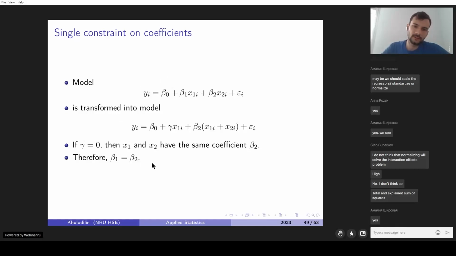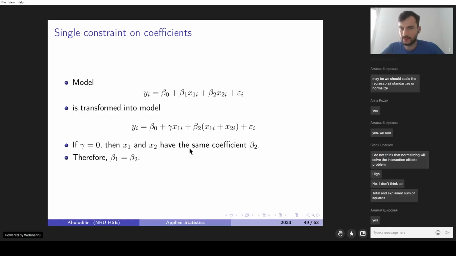It's one more slide about hypothesis testing. When you're testing that coefficients are equal to each other, sometimes it doesn't work nicely with the F statistic. You slightly transform your model to another one, and you can just test the hypothesis that gamma is equal to 0.